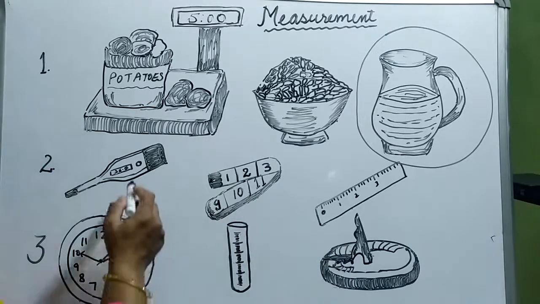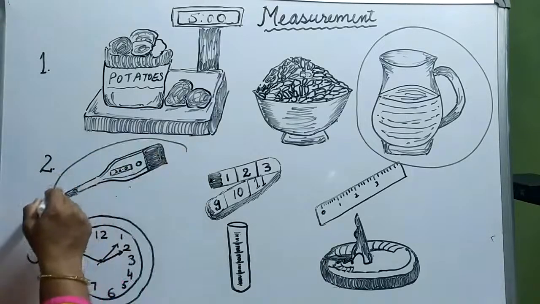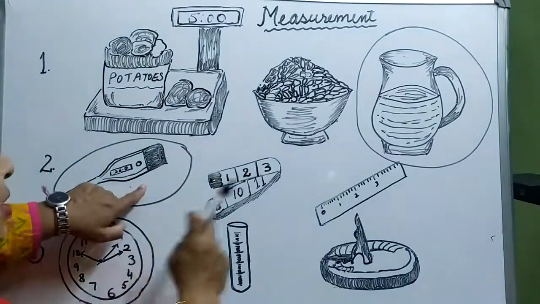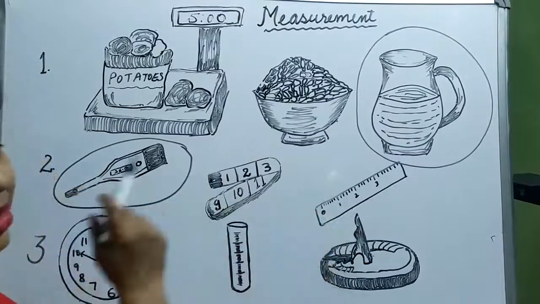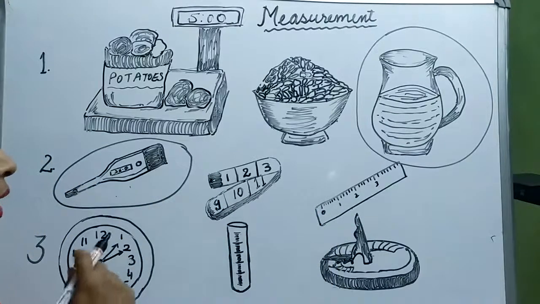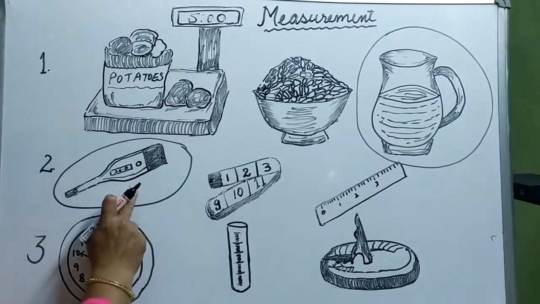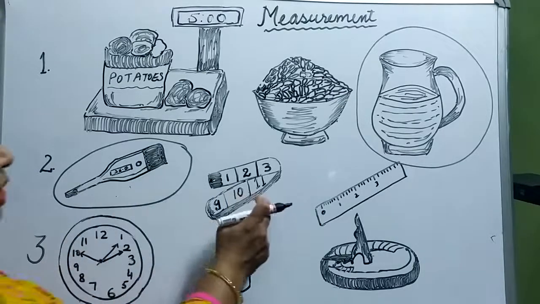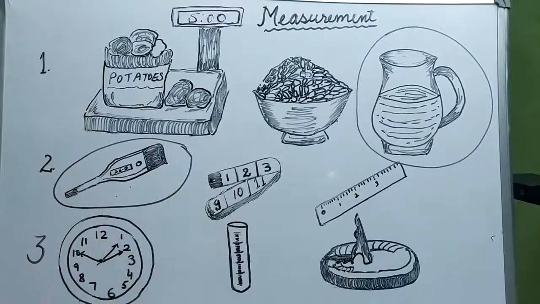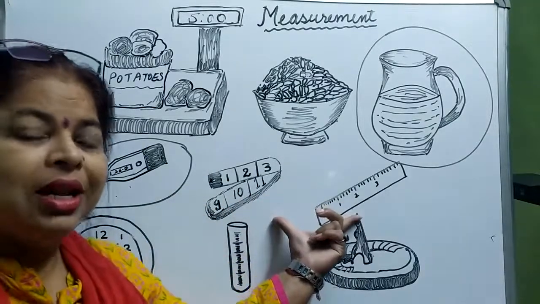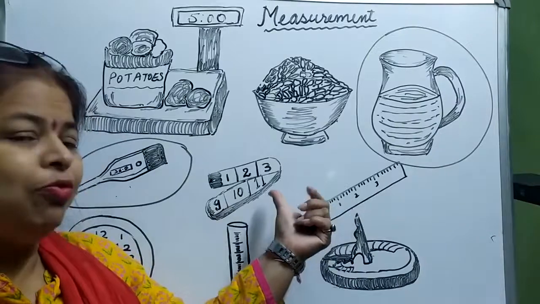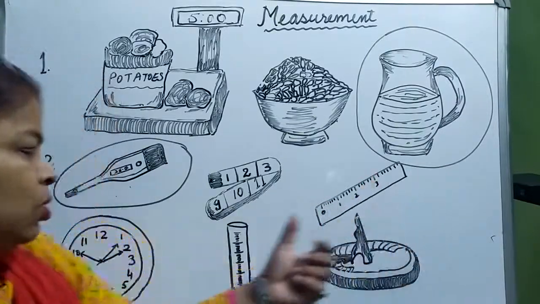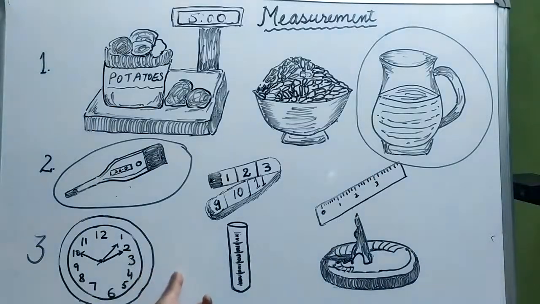No. What about this digital thermometer? Is it similar to the measuring tape and scale? No. Why? Because we are measuring the temperature of the body, but these two are being used to measure length, maybe of bigger dimension or smaller. Clear? Come to the next row now.